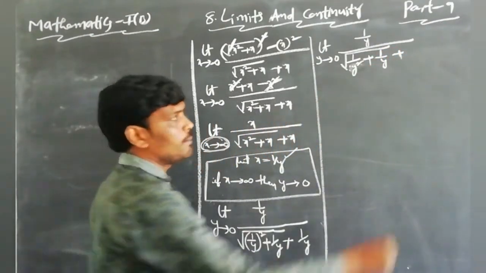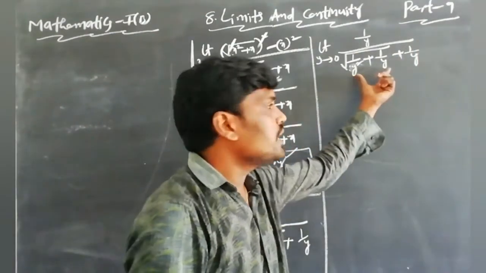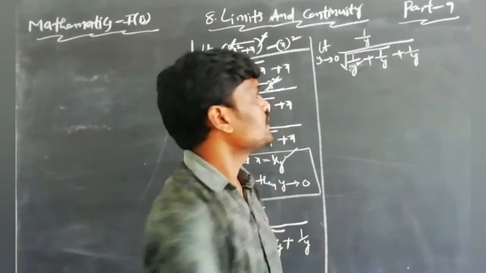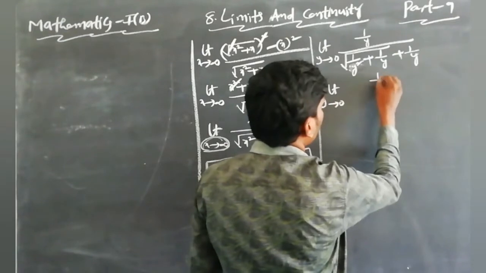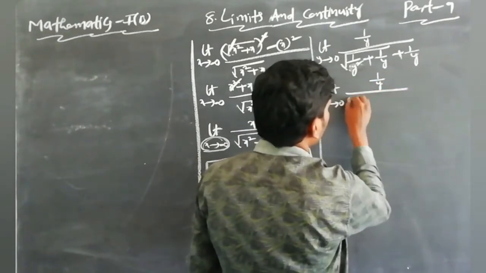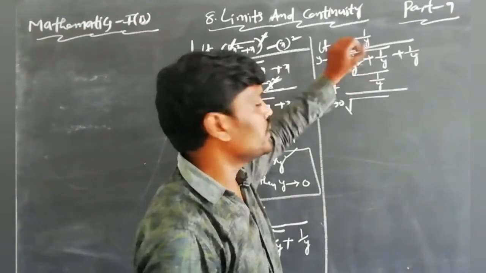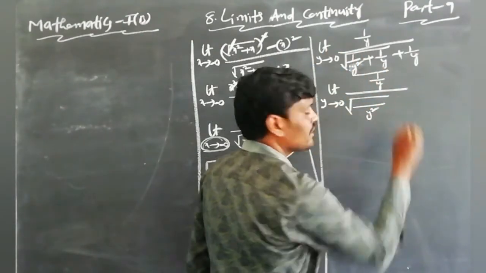Observe here: the square root belongs only to the 1 by y square plus 1 by y term. After that, limit y tends to 0 of 1 by y by square root of, take LCM inside the square root. The LCM of y square is y square.